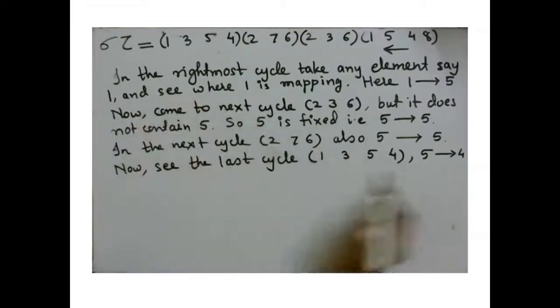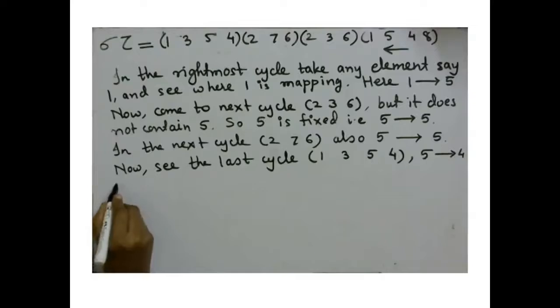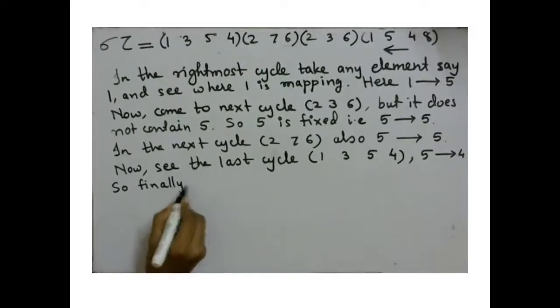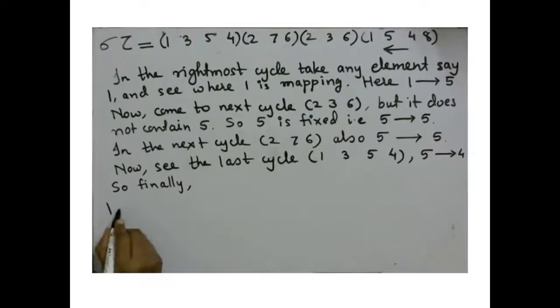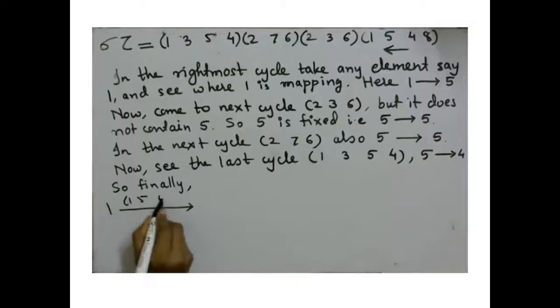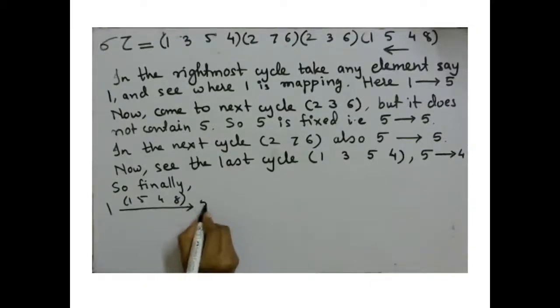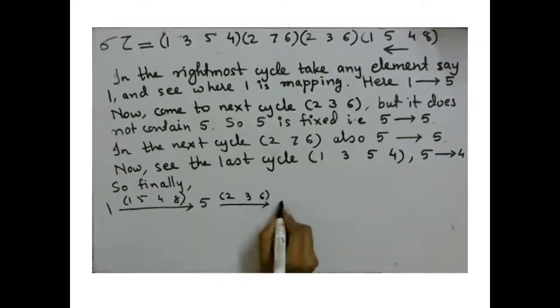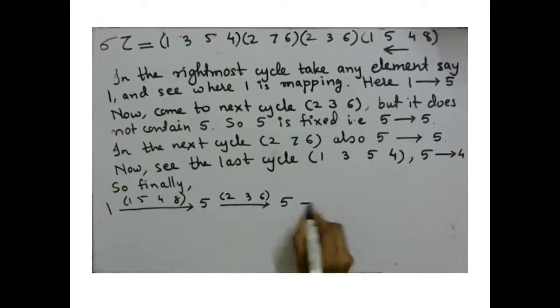So far what we have observed is that in the rightmost cycle (1, 5, 4, 8), 1 is mapping to 5. Then in the next cycle (2, 3, 6), 5 is mapping to itself.